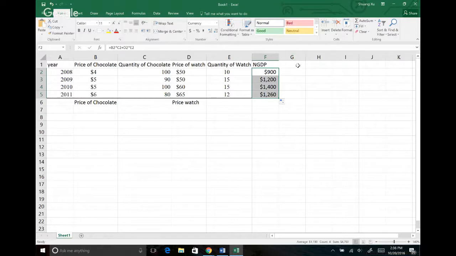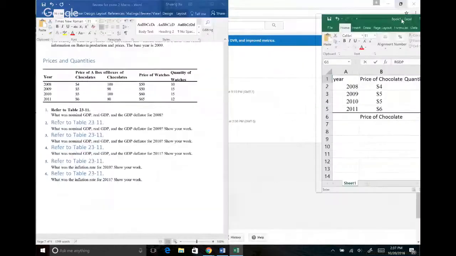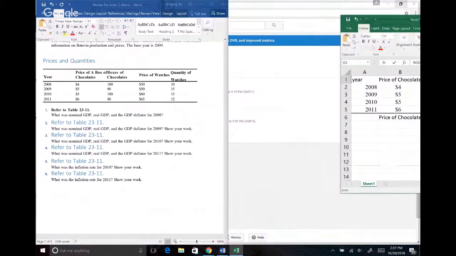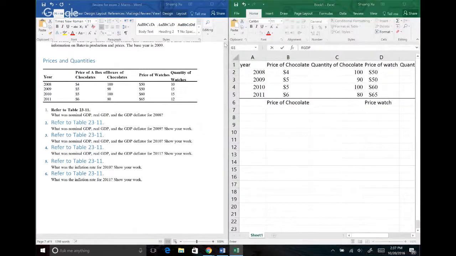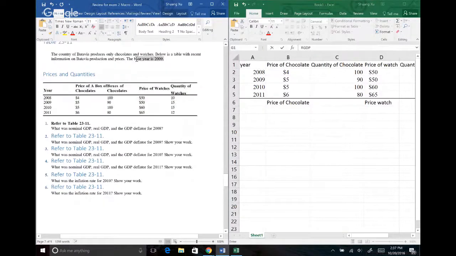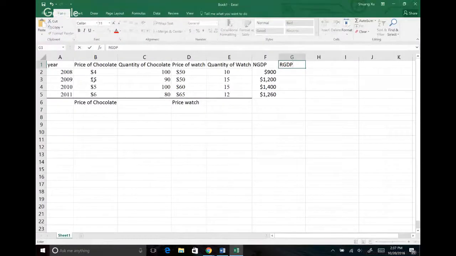And then for real GDP, we need the base year. Did you say what year is the base year? So let's see. Here we go. The base year is 2009. What that means is we're going to take every year's quantity times our 2009 prices, because it's our base year.